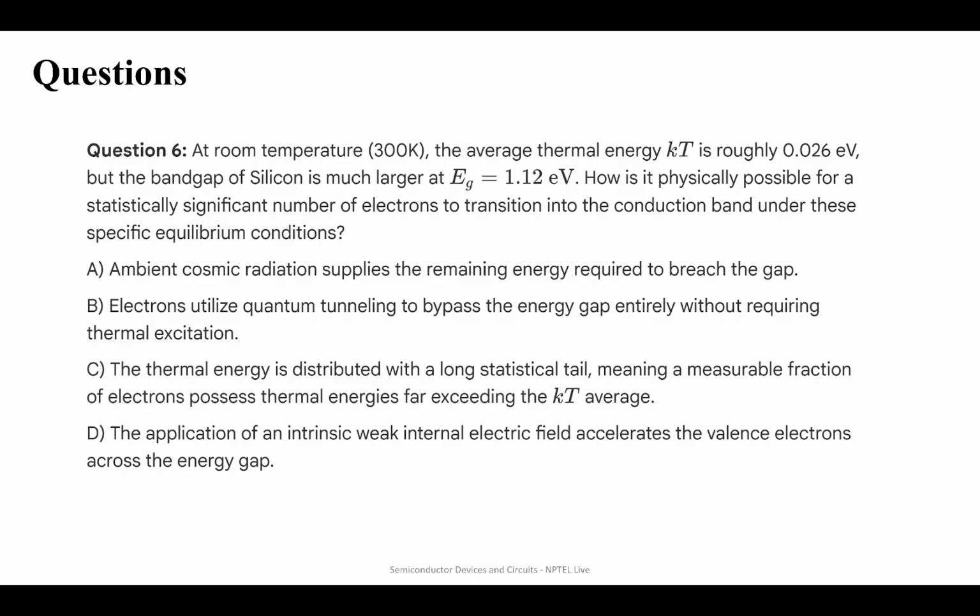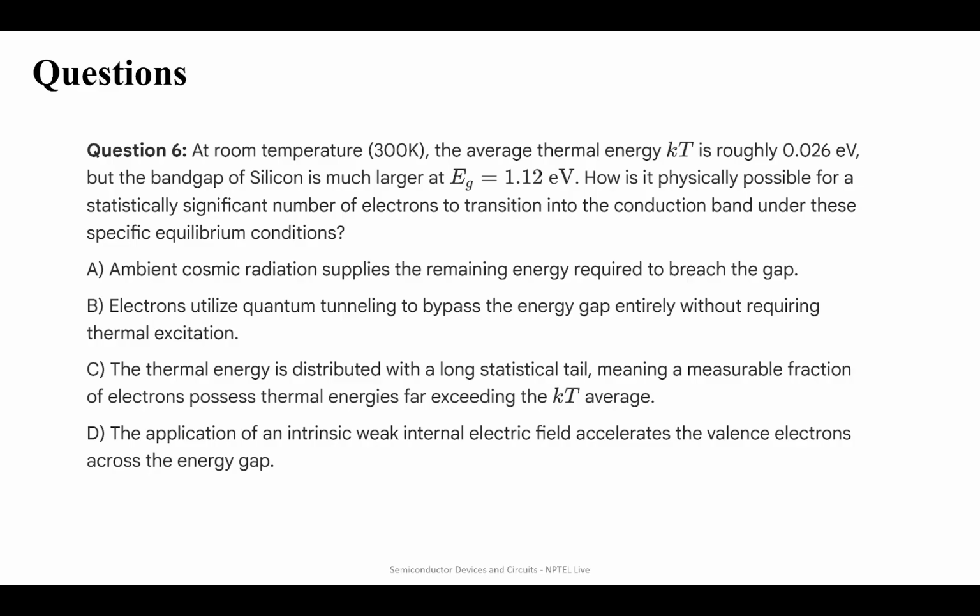The next question. At room temperature, that is 300 K, the average thermal energy kT is roughly 0.026 eV. But the band gap of silicon is much larger, at Eg equals 1.12 eV. How is it physically possible for a statistically significant number of electrons to transition into the conduction band under these specific equilibrium conditions? Option A, ambient cosmic radiation supplies the remaining energy required to breach the gap.